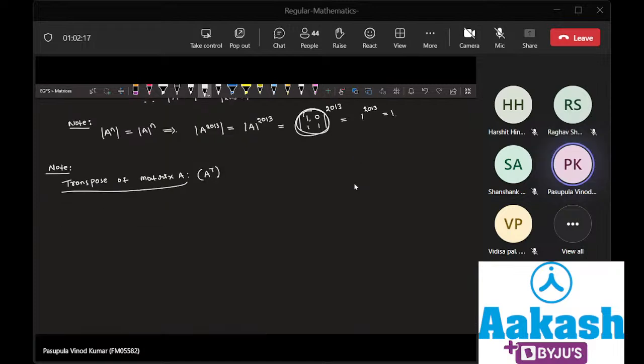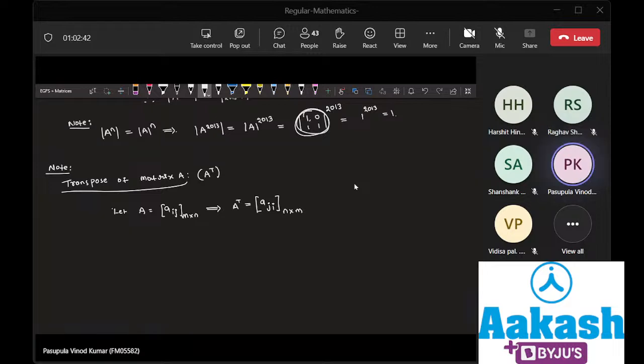Let A be equal to Aij of order m by n. Then A transpose will be Aji of order n by m. What do you understand from these notations?